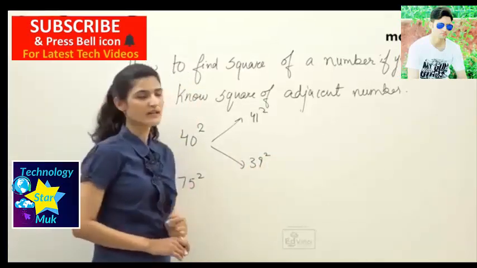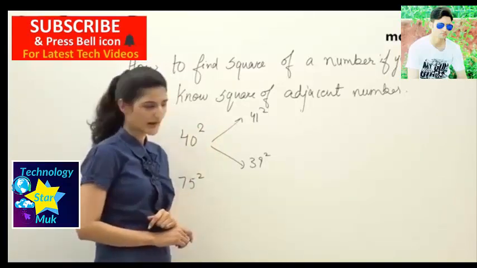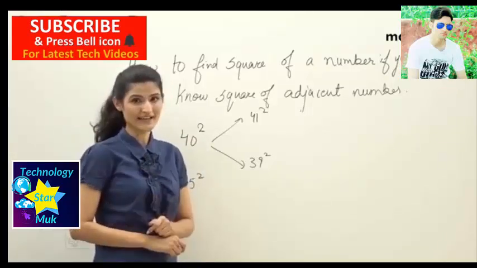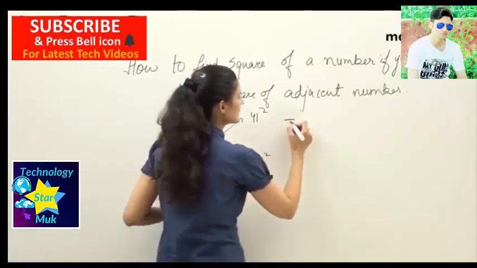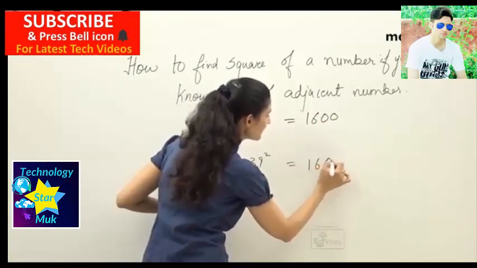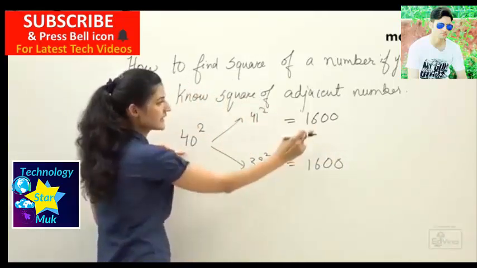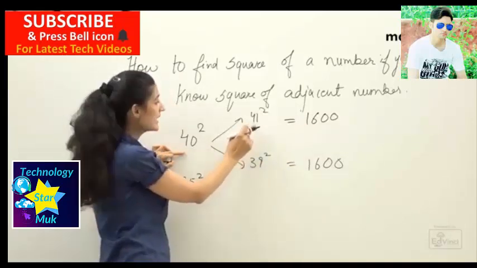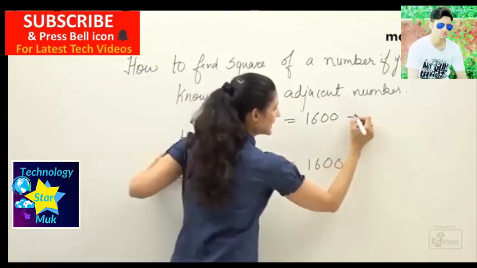Before going forward, I will tell you the answer of 41 square. 41 square is 1681 and 39 square is 1521. You want to know how I calculated? It's very simple. You know 40 square, which is 1600, and we'll write it here as well. So we know 40 square equals 1600 and we have to find 41 square. As 41 is greater than 40, what we have to do is add.